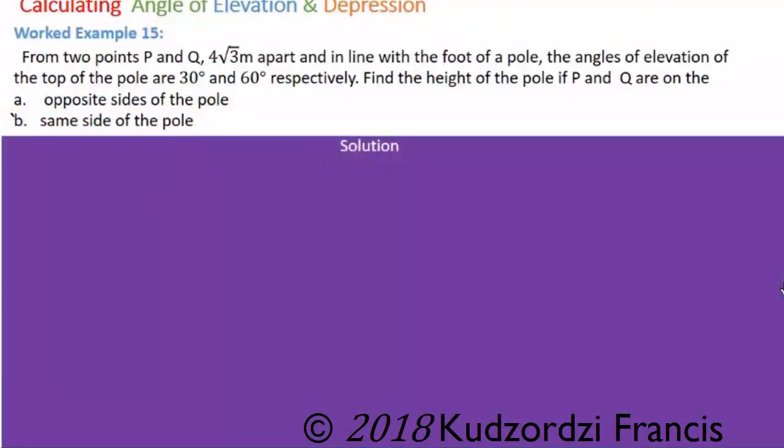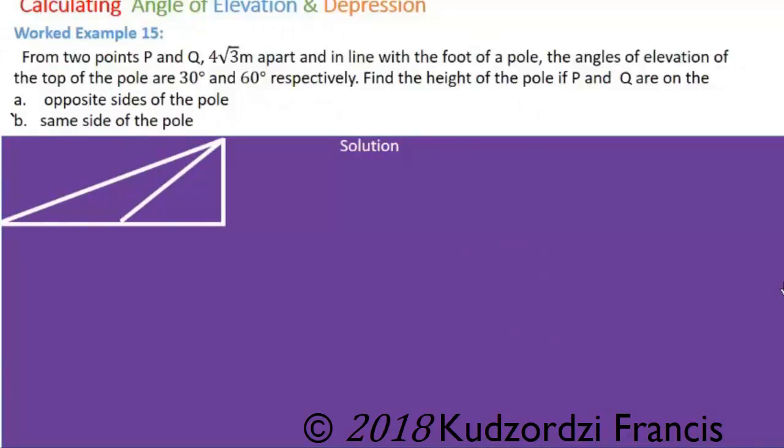Then the B part, when the points are on the same side of the pole, so we get something like this. Now the distance between the points is 4 root 3.